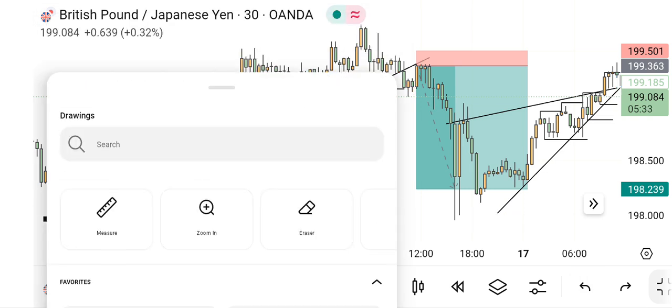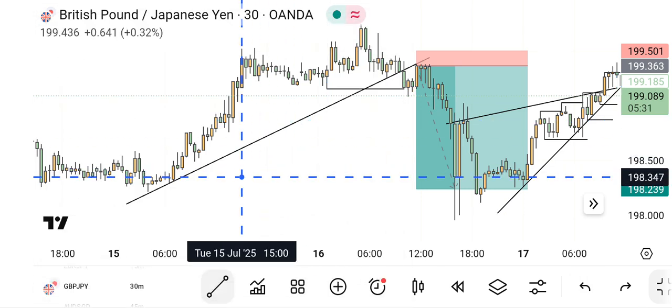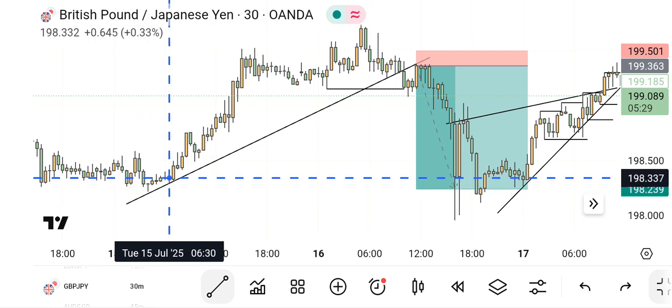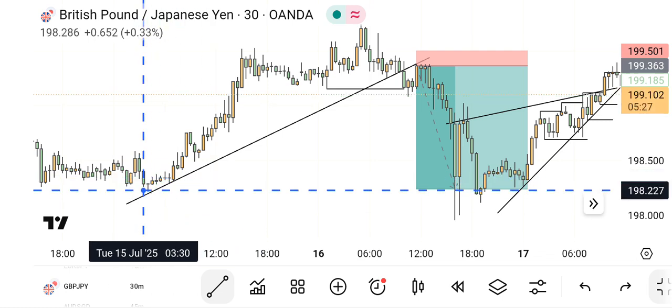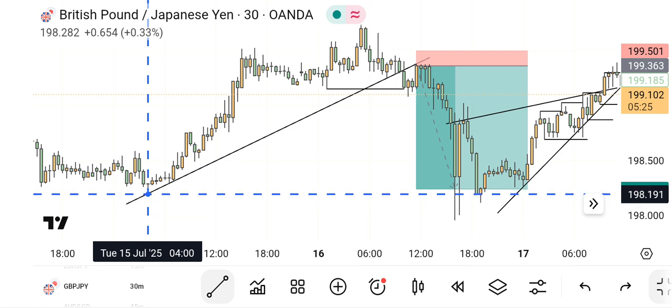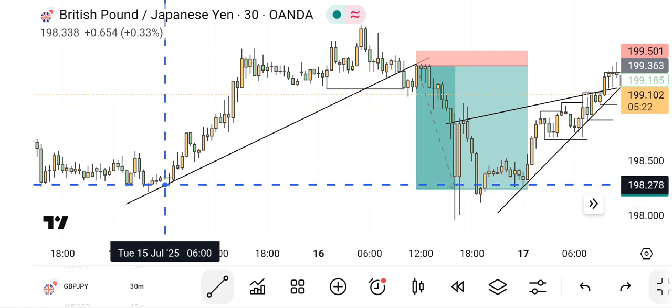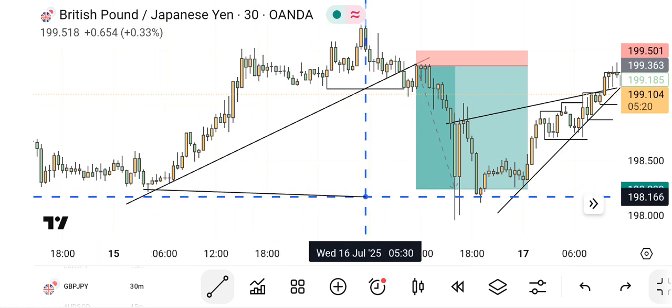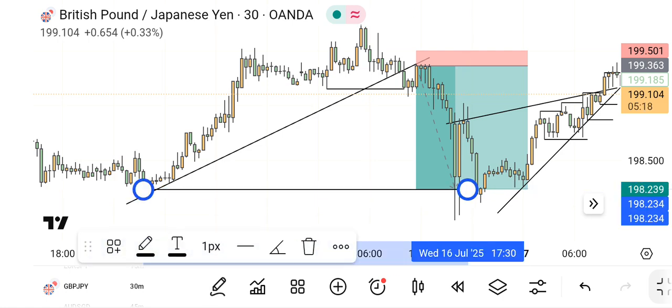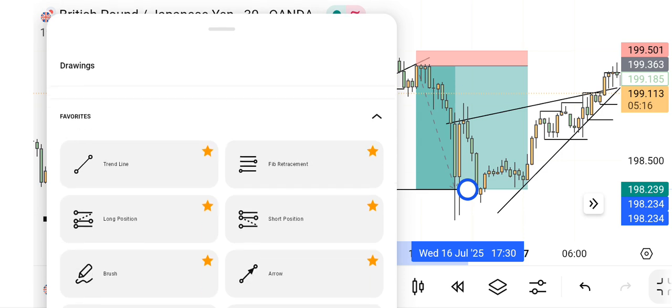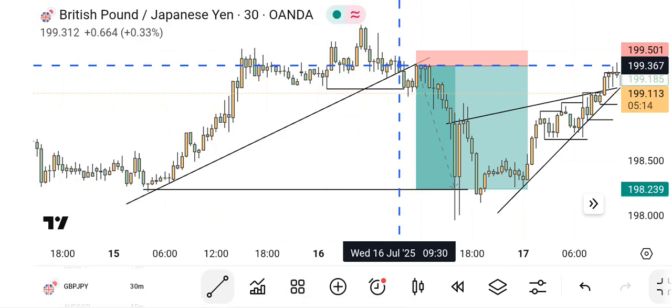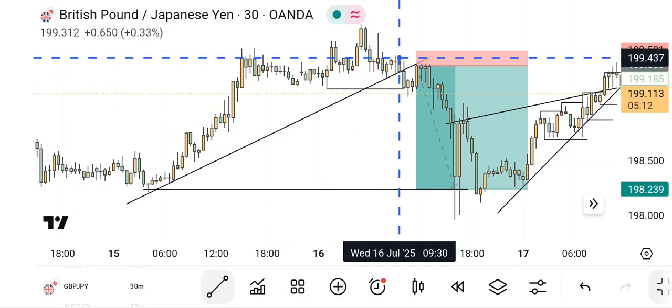And my take profit was around this zone, this last low, but this one is very close to the trend line, so my take profit was around here, which is here. Then my stop loss is above the last candlestick before the breakout, which is this.